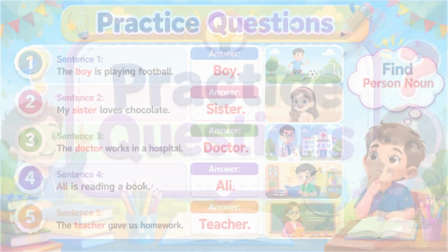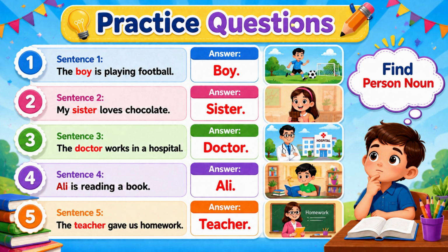Practice questions. Find the person noun. Sentence 1. The boy is playing football. The person noun is boy. Sentence 2. My sister loves chocolate. The person noun is sister. Sentence 3.